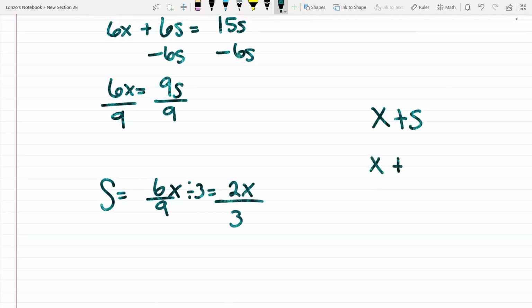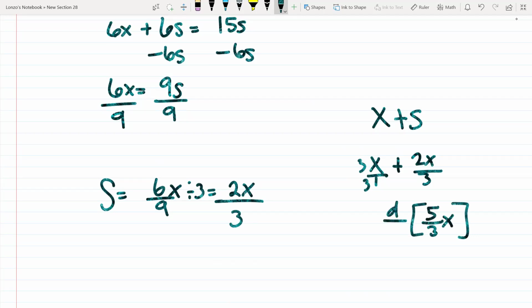So x plus 2x over 3, with a common denominator of 3, is 5 thirds x. Then we just take the derivative of that with respect to time. The derivative of 5 thirds x is 5 thirds times dx/dt.